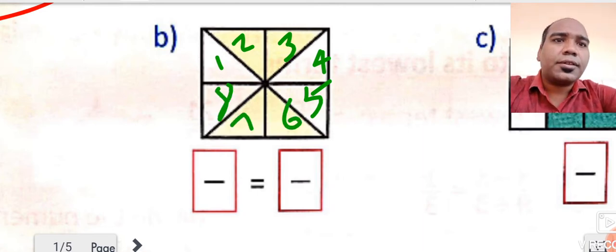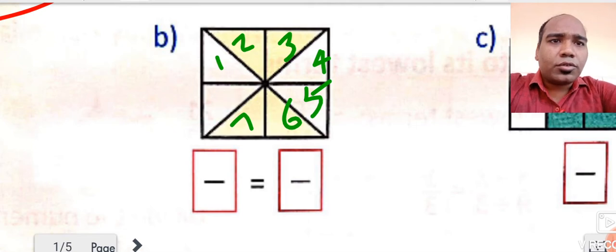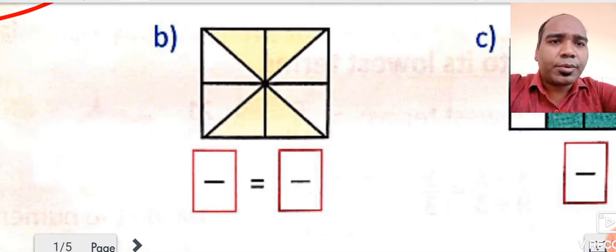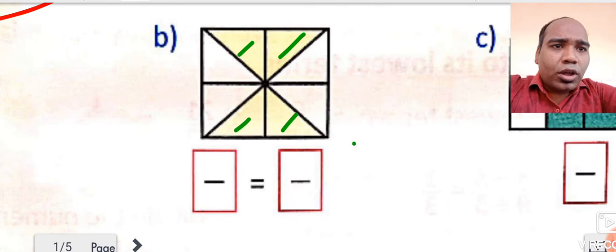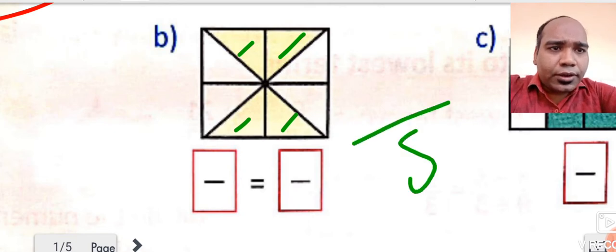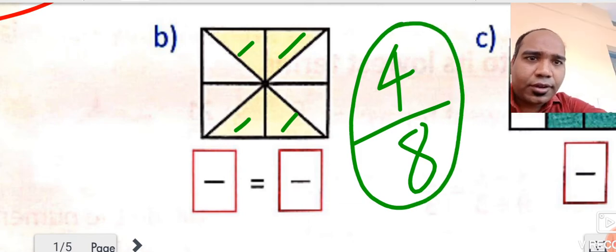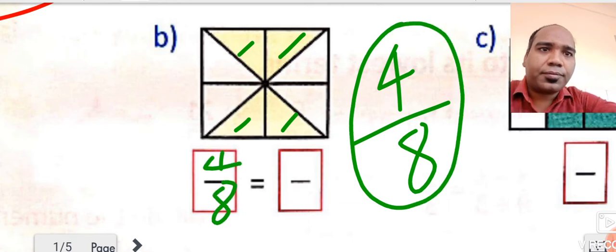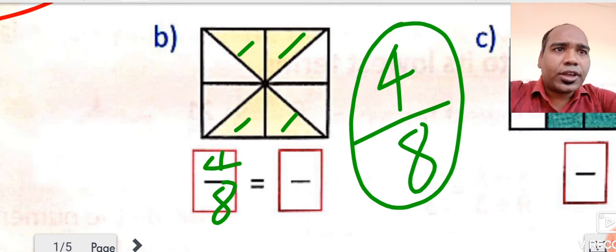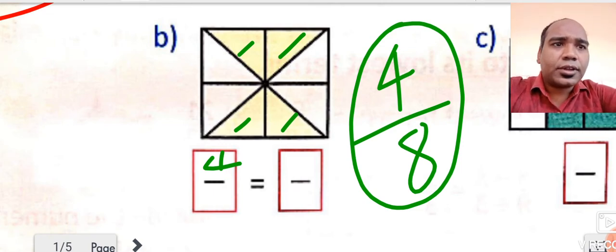Total 8 parts are there. Out of those 8 parts, how many parts are shaded? 1 part, 2 parts, 3 parts and 4 parts. So out of 8, 4 parts are shaded. So in fraction what will we write? 4 by 8. This one we can write in fraction like this, isn't it?